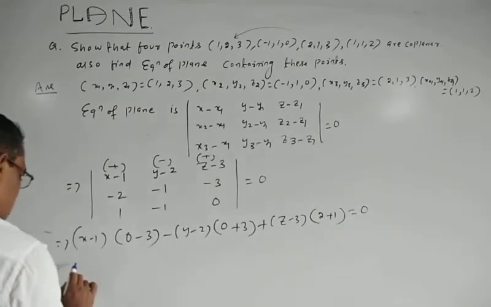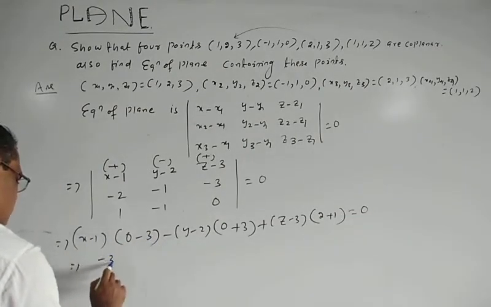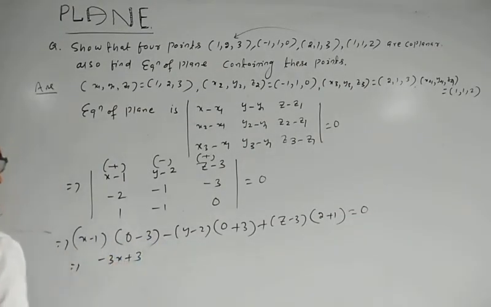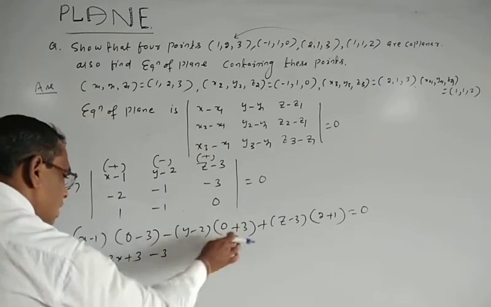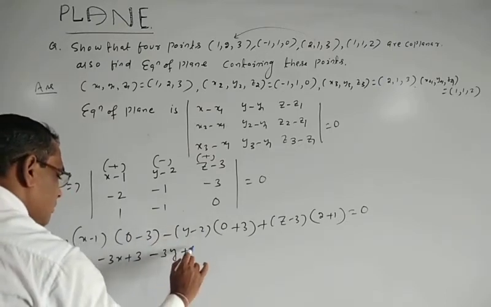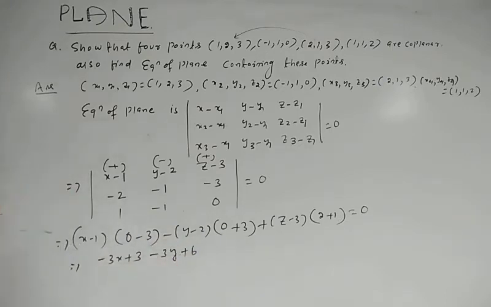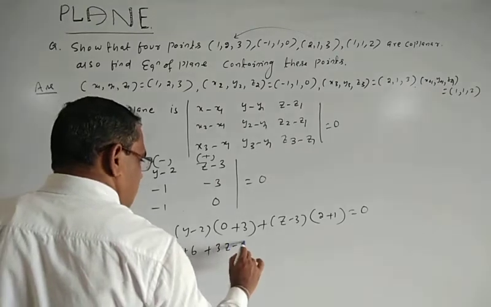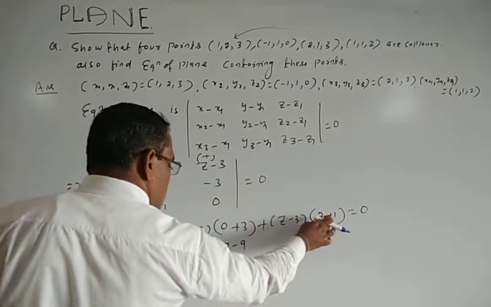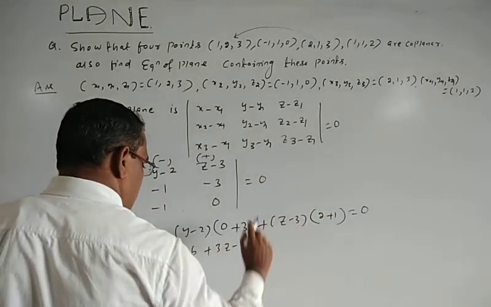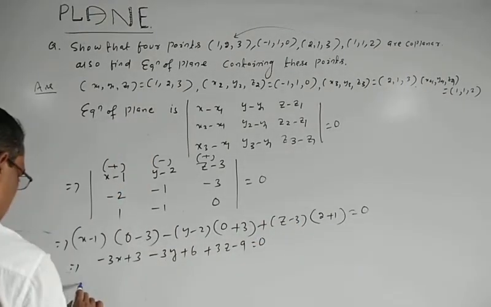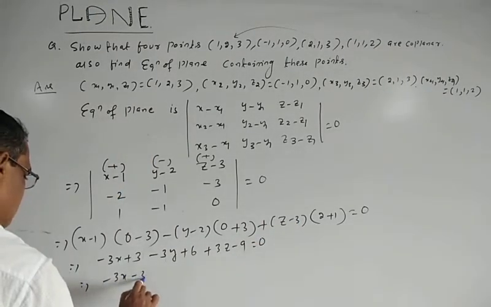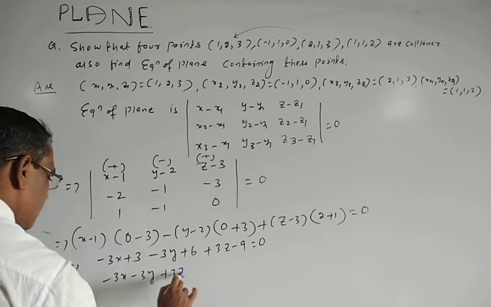Okay, so this is equal to minus 3x plus 3, minus 3y plus 6, then plus 3z minus 9, because 2 plus 1 is 3, 3z minus 9 is equal to 0. That implies minus 3x minus 3y plus 3z.